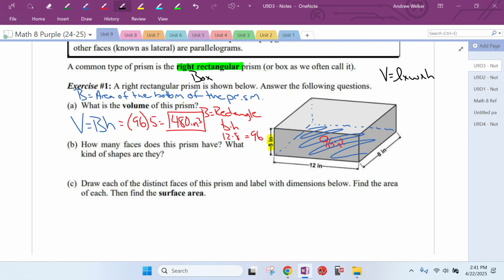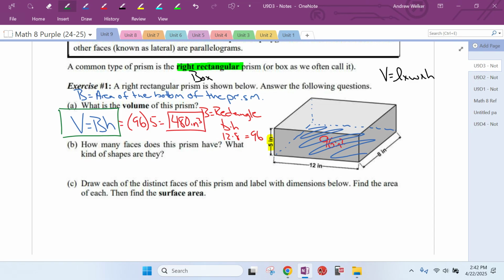So we're going to stick with, to find the volume, we do B times H, big B times H. And again, big B just means we find the area of the bottom of our prism, and then we multiply it by the height, like how many of those are stacked on top of each other to create that three-dimensional figure.